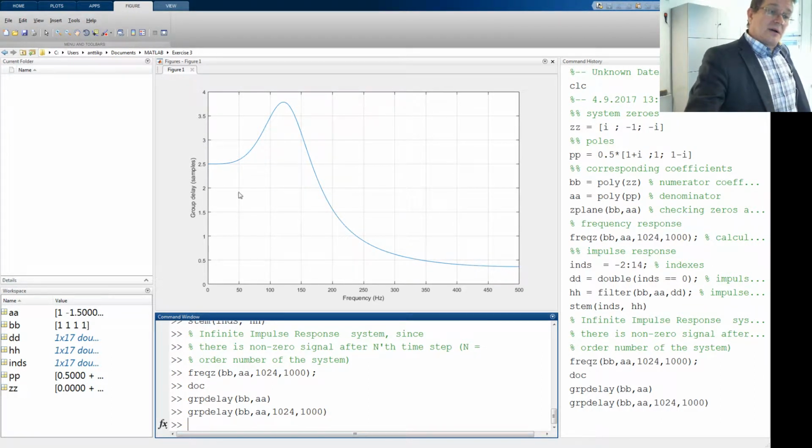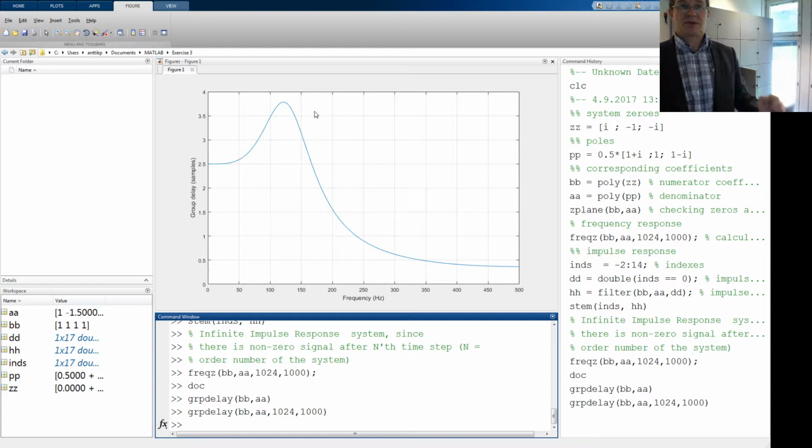All right, so basically it has 2.5 samples delay at the beginning, then the delay goes higher, and then it goes lower in the stop band. So remember, the pass band was here, so it's fairly good on the group delay for any frequency below, well, maybe 50 Hertz or so, but then it starts to distort the signal shape.